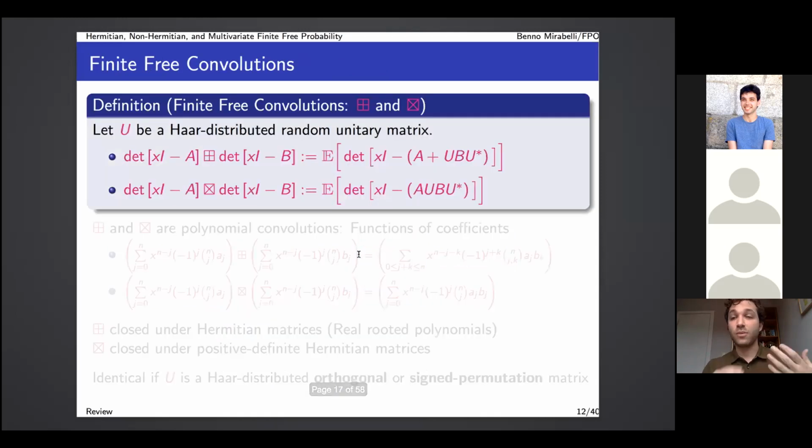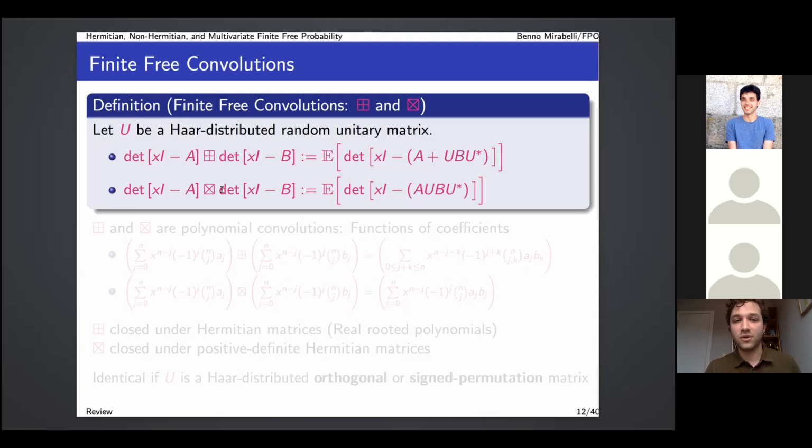So now I want to apply this expected characteristic polynomial approach to the original random matrices we cared about, which were the unitarily invariant sum and unitarily invariant product. So here I've written that out, and I define the finite free additive convolution, represented by this box plus, to be a function on my original matrices that takes the expectation of the characteristic polynomial of the unitarily invariant sum.